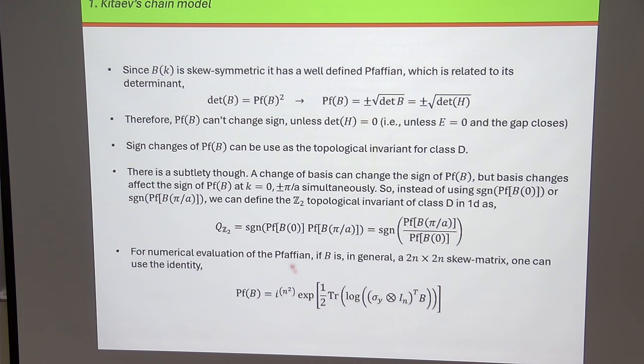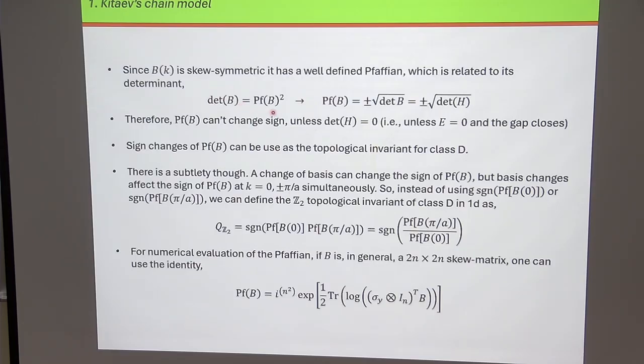And the Pfaffian is related to the determinant in that way. I'm not writing here the explicit calculation of this Pfaffian. It's a long formula with a lot of terms. You can go to Wikipedia and read it. I just put a couple of formulas here, one that is important for this case and one that you can use if you need to calculate it numerically.